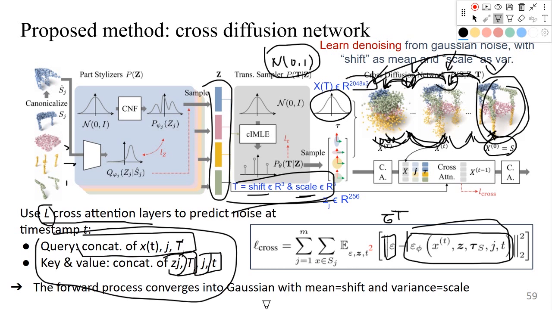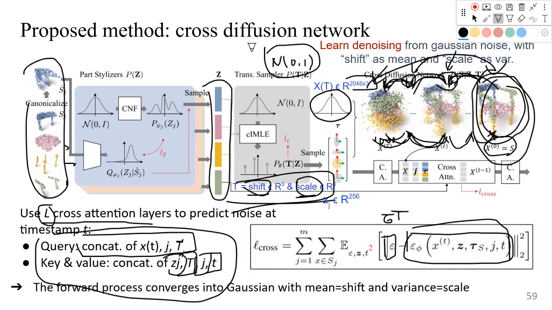But in this paper, they prove a mathematical formula, which you can check in their paper, that because we model the reconstruction from the canonicalized part into the original shape, we involve the transformation, in this case shift and scale. So they propose a forward process that, instead of converting into a unit Gaussian, converts into a Gaussian whose mean is the shift of the transformation and whose variance is the scale of the transformation.